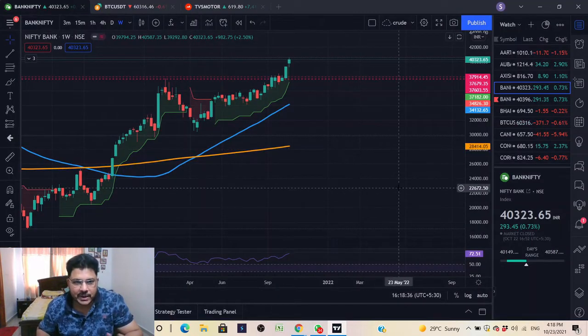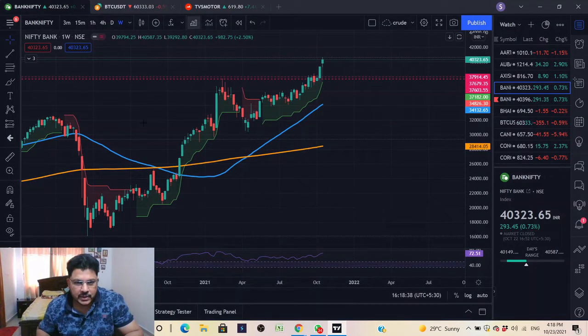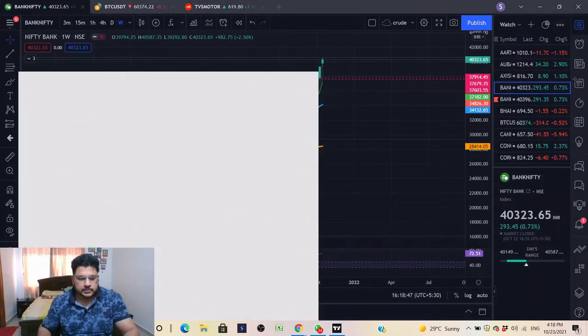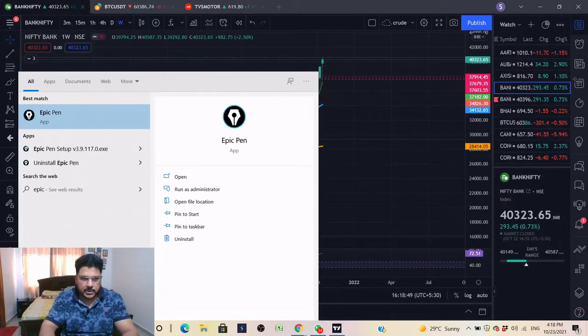This is the Bank Nifty chart, and we have our super trend 14 and 2, a 20 period moving average, and a 200 period moving average. So let's put our epic pen.